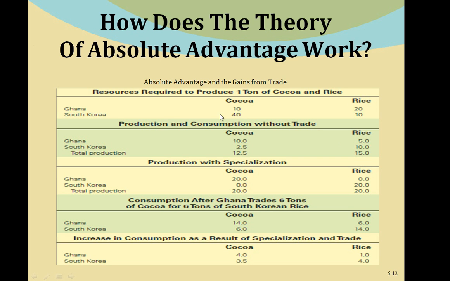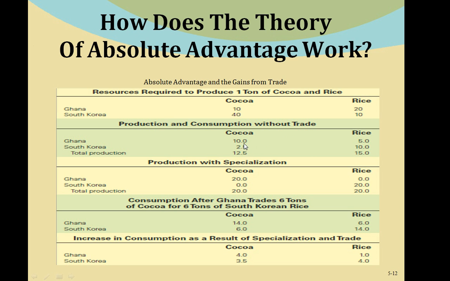Still remember, altogether they just have 200 resources. So if 1 ton is 10 resources, 10 tons is 100 resources. Now rice is 20, so 5 times 20 is 100. 100 plus 100, 200 altogether.